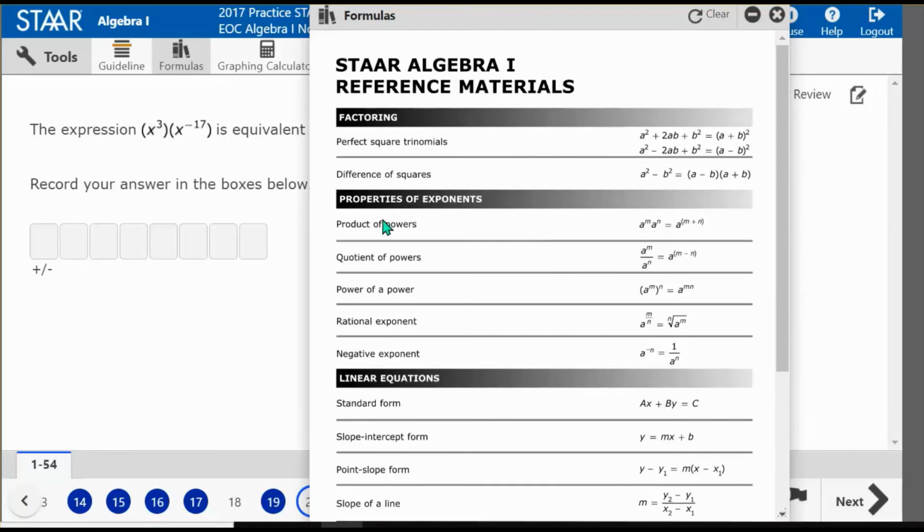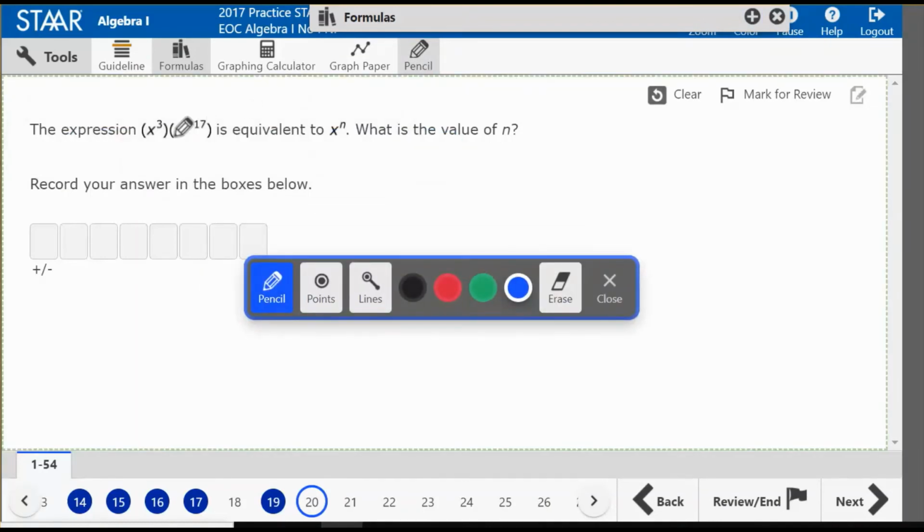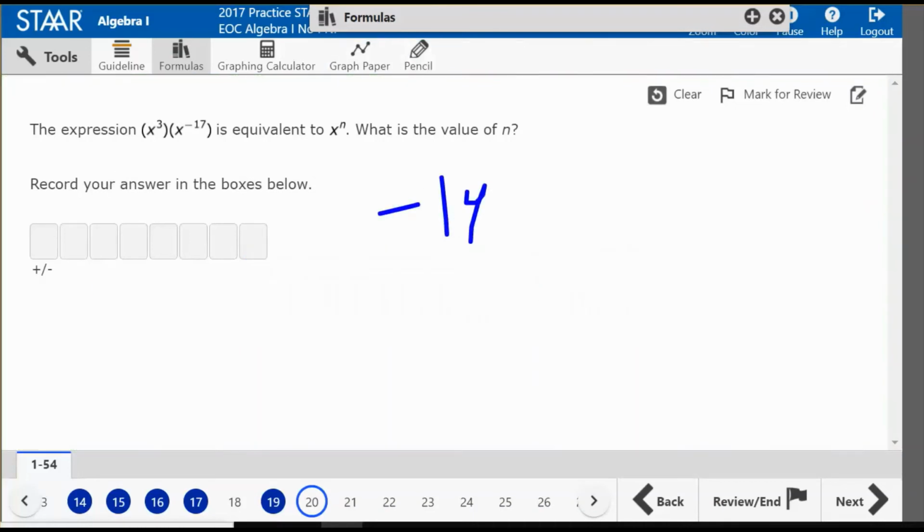First, the product of powers: a to the power of m times a to the power of n is a to the m plus n. The power of a power one says you have to multiply them. Here the bases are multiplied by each other, so we add the powers. 3 plus -17 is -14. So our answer is -14.